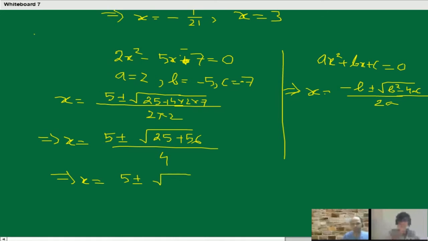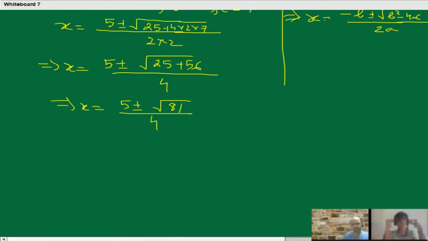So here I believe this would be 56 plus 25, 81. So what are the values of x?